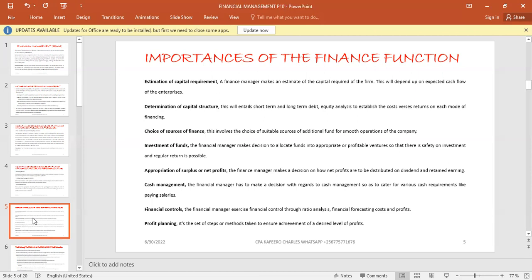Then the other one is cash management. Here we are looking at how the financial manager is able to maintain the cash within the organization. The reason why we demand cash in the organization is, one, we want to pay the daily operations or the daily expenses that may be incurred.